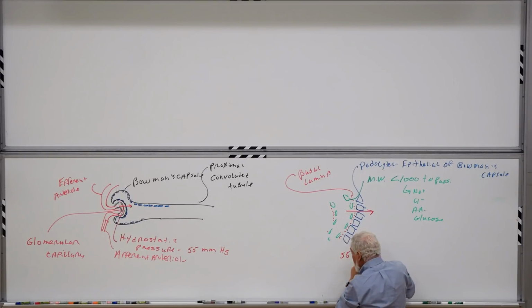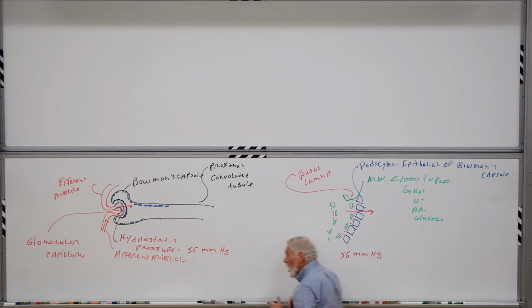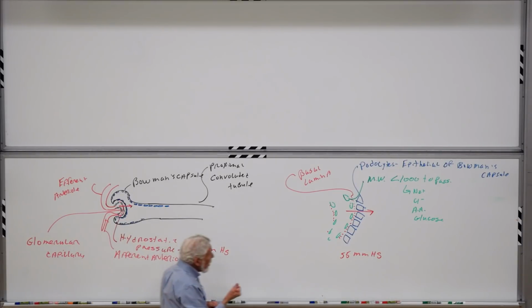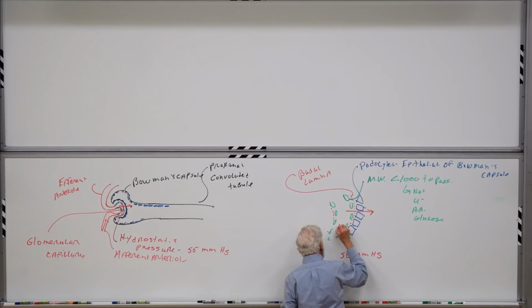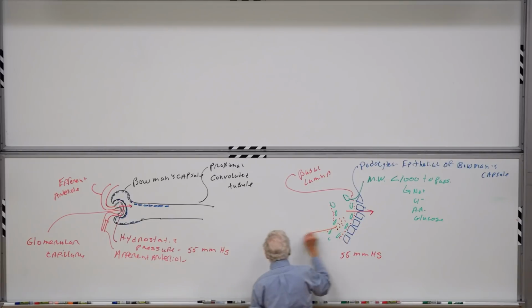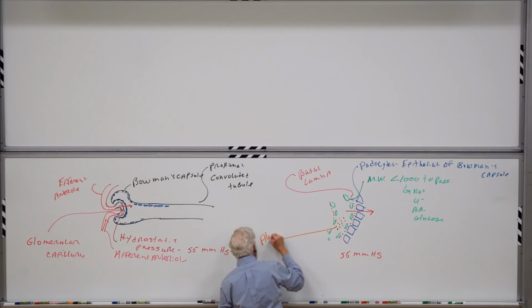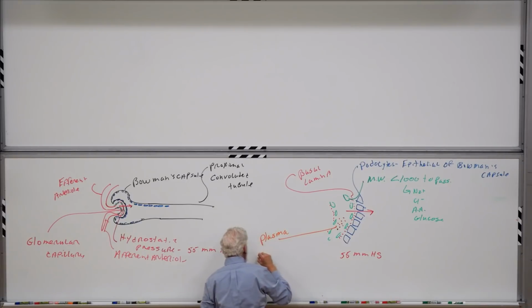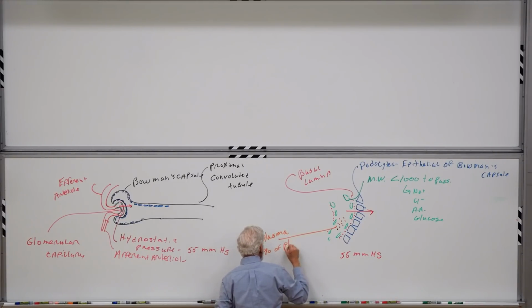But the gaps are not so large that they permit the movement of molecules back here in the blood. An important component of the blood, remember, is plasma. And something like 8% of plasma is protein.